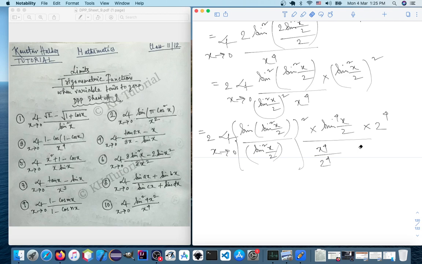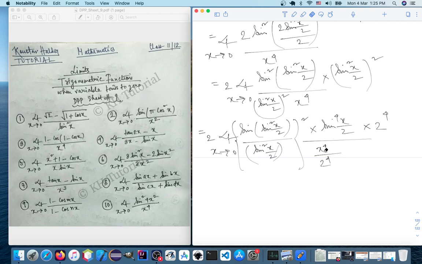So this is what we do. We have sine square x by 2, this whole square, this becomes sine to the power 4 x by 2, and we would like to create x to the power 4 by 2 to the power 4 below, so that we can apply the standard result sin x by x.